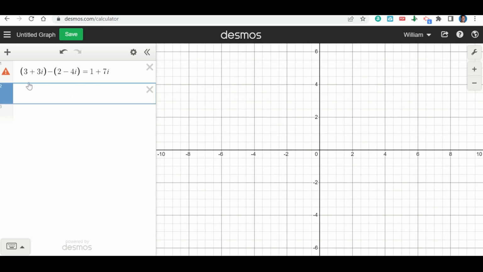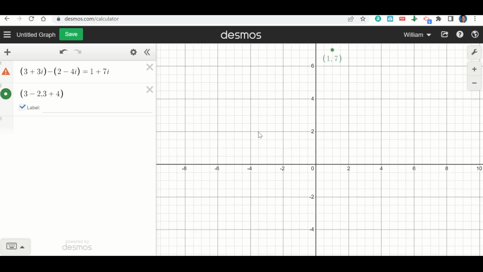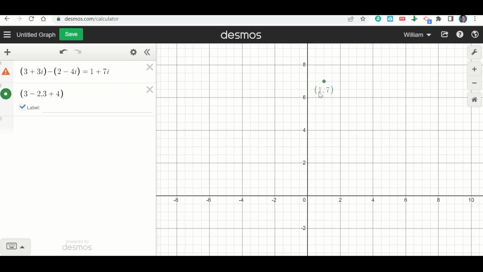And now we can check our work. So we're going to go ahead and create a coordinate. So this is 3 minus 2, comma, and then we have 3 minus negative 4, which is plus 4, which is up here. And we can see that it's at 1, 7, which is exactly the same thing we got here. So this is how you can use Desmos to check your work when adding or subtracting with complex numbers.